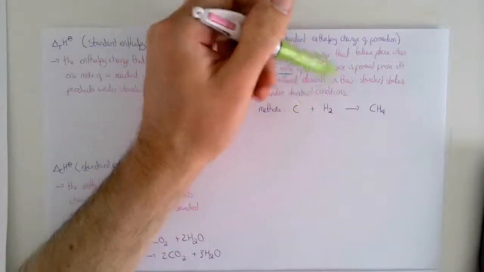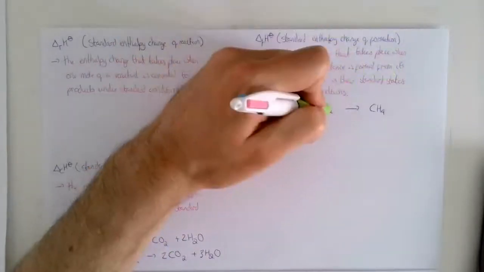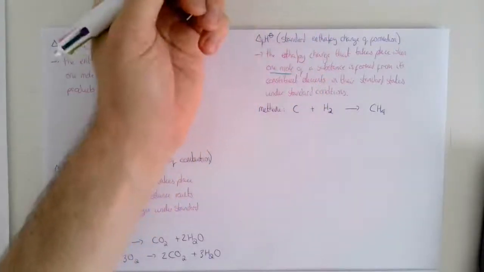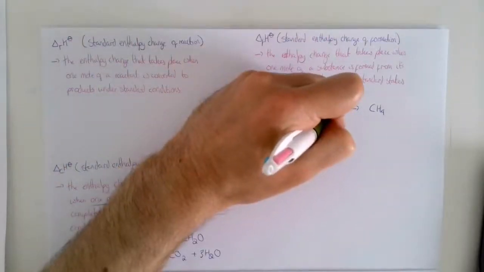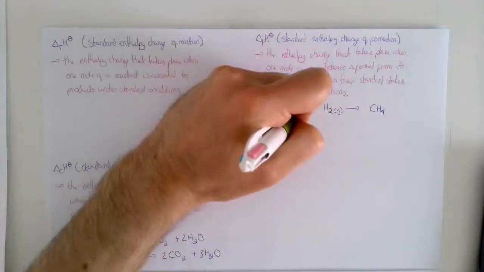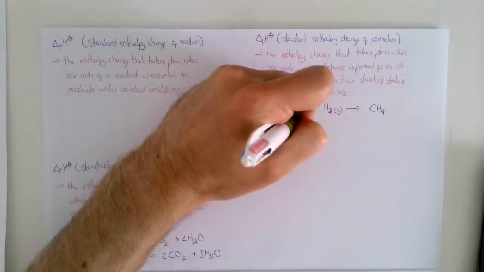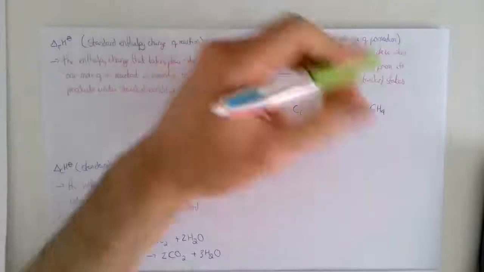So those are the constituent elements in their standard state. So the standard state of hydrogen, if we have hydrogen in a room, it'll be a gas. And if we have carbon in a room, carbon's in your pencils, it's a solid. And methane is a gas.